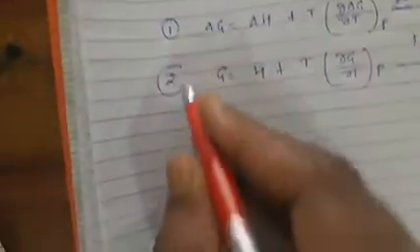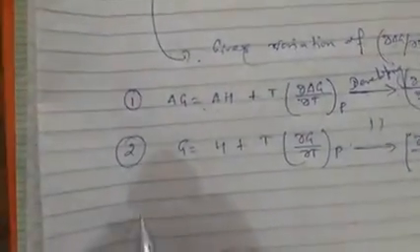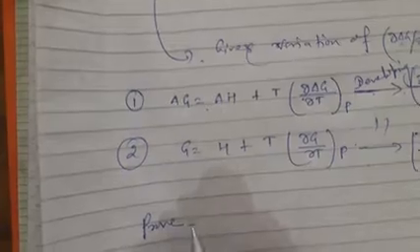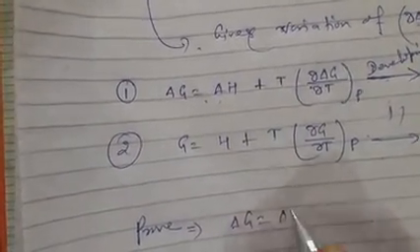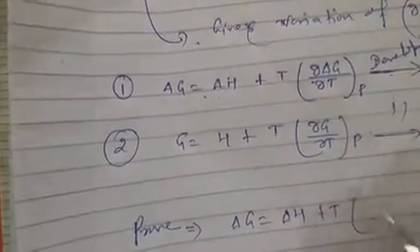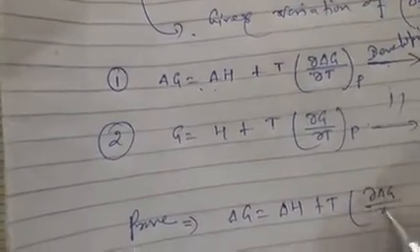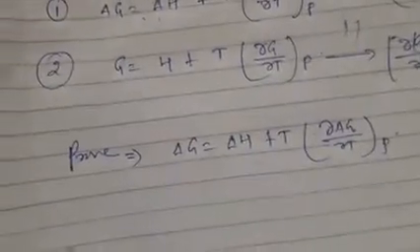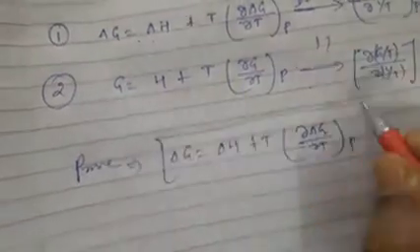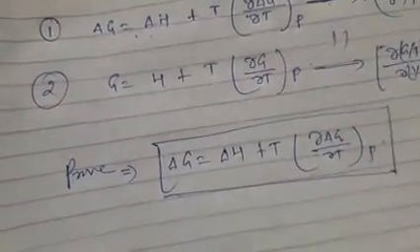So first of all, I want to prove delta G is equal to delta H plus T delta G by delta T at constant P. This equation is Gibbs-Helmholtz equation in the form of delta G and delta H. That was our question.